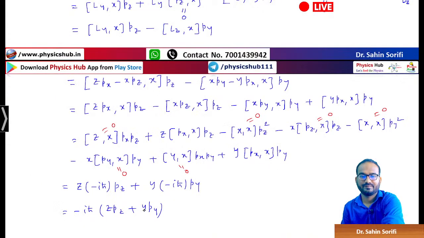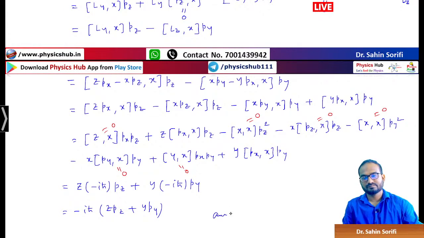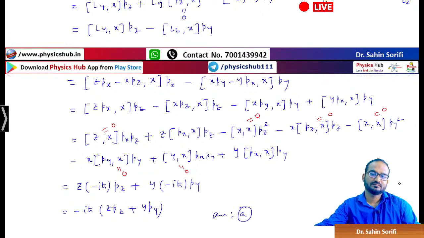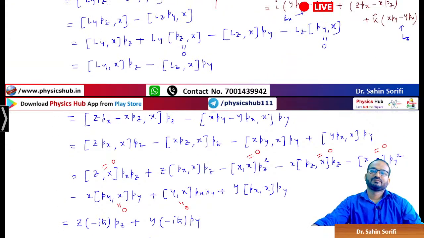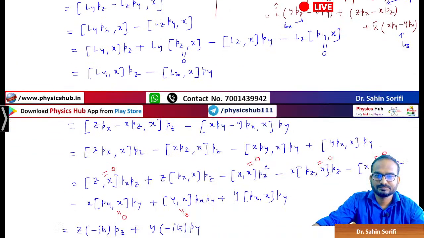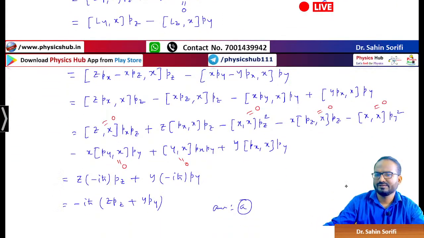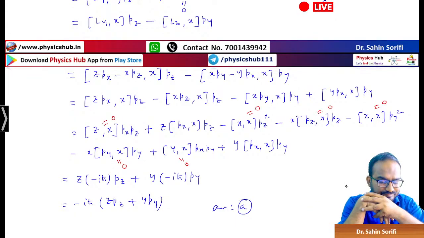B or A? It's a plus, so it is A. Look, if you have the good concept and good mathematical skill, then you can easily solve these problems. Nothing is there. It's just getting lengthy, but I think you can handle.